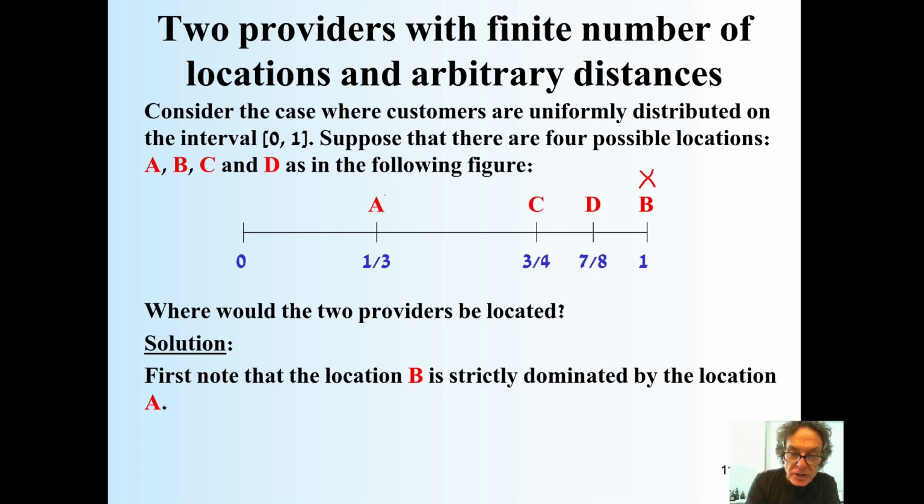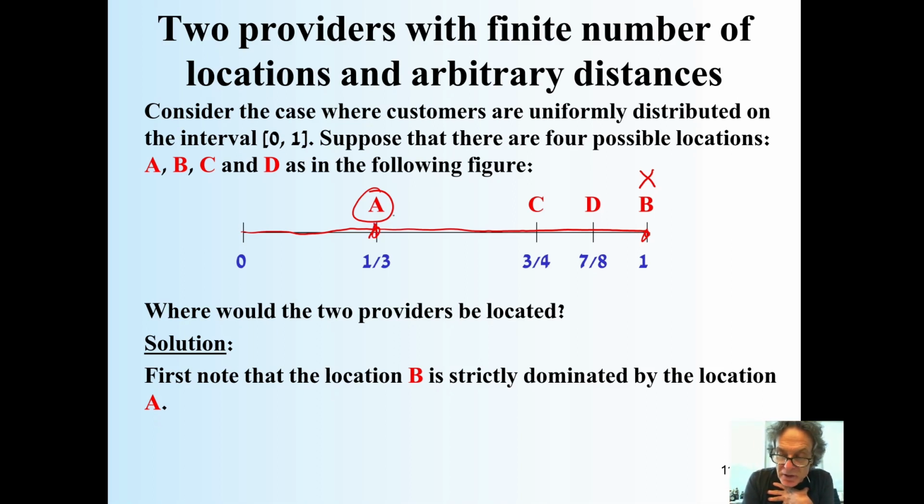If you locate yourself here, what do I get? The distance between this and this is 2/3. 1/3 of the customers live here and 2/3 of the customers live here. So we split the 2/3, correct?